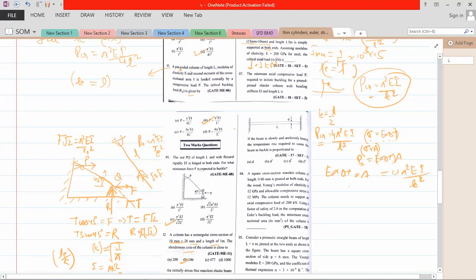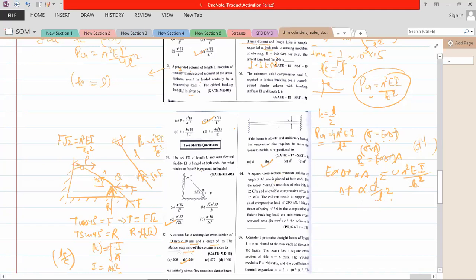So you can see that delta T is inversely proportional to L square. Okay, and now it is asking about the diameter. What is the relation with diameter? It is given I value is d raised to power 4 and your area is d square. So it is d square by LE square. So your option B is correct.